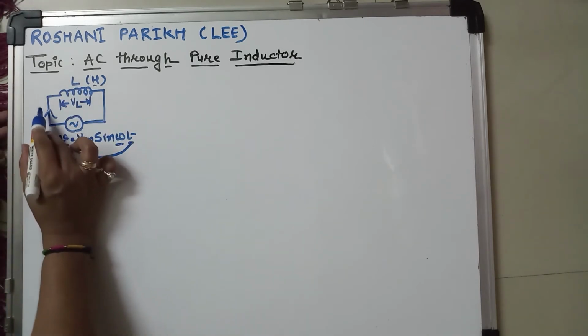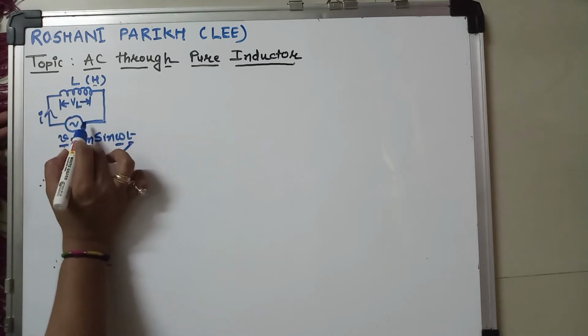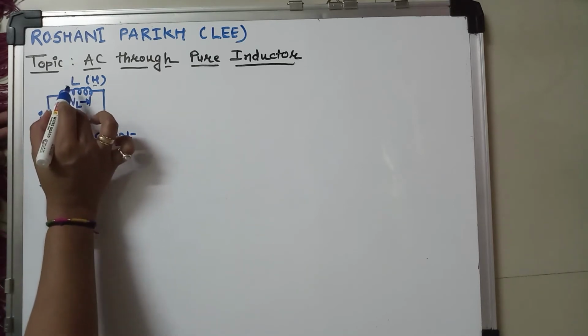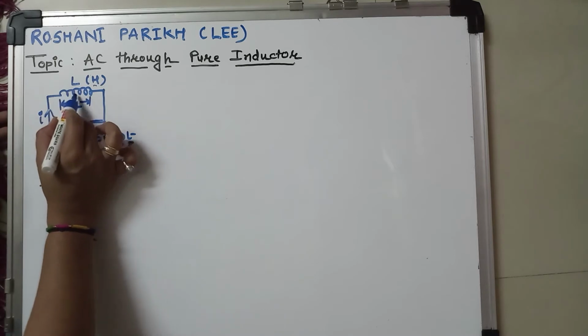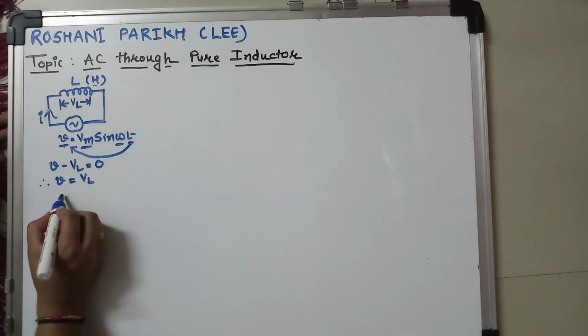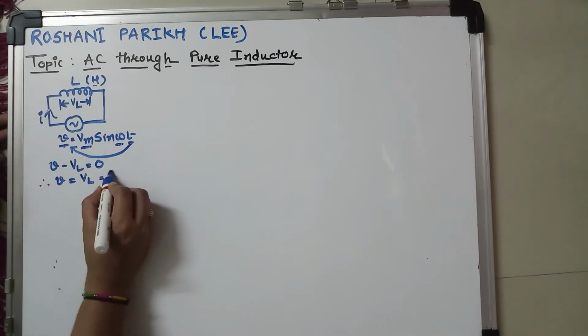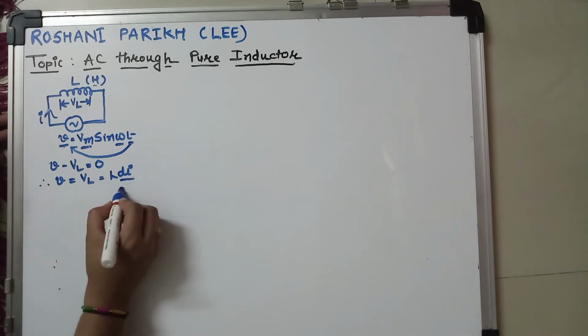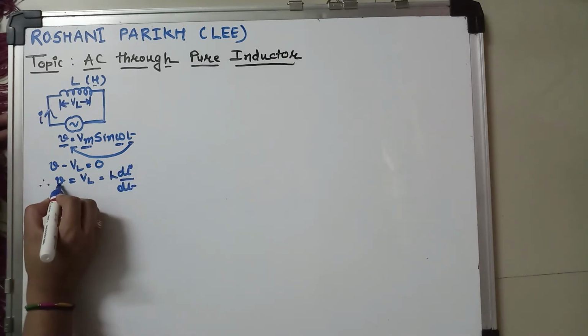So when the current is flowing through the inductor, EMF is induced in that inductor, and that EMF is called a self-induced EMF, which is given by L di by dt.